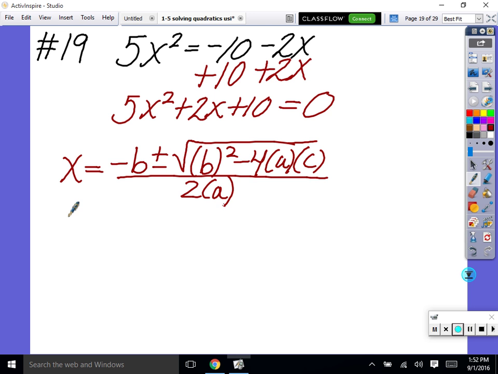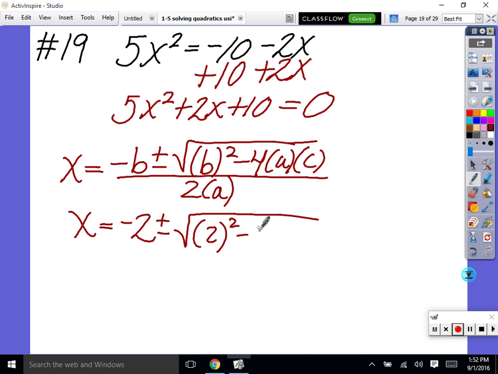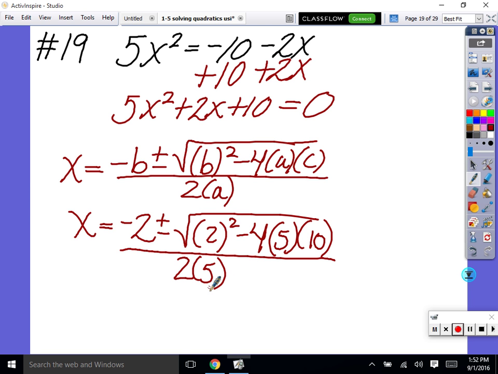Let's plug it in. So x equals the opposite of b, which would be negative 2 plus or minus the square root of b squared, so that's positive 2 squared, minus 4 times a is 5, times c, which is 10. That's all over 2 times a, which is 5.